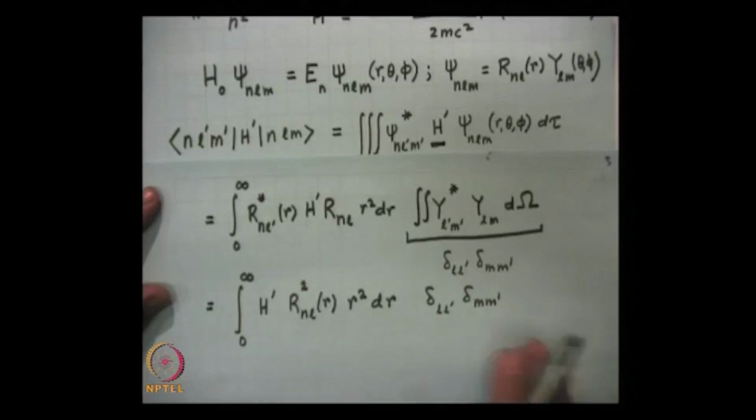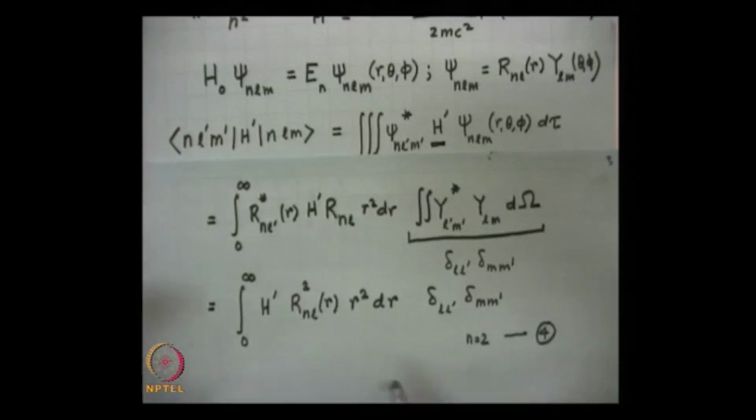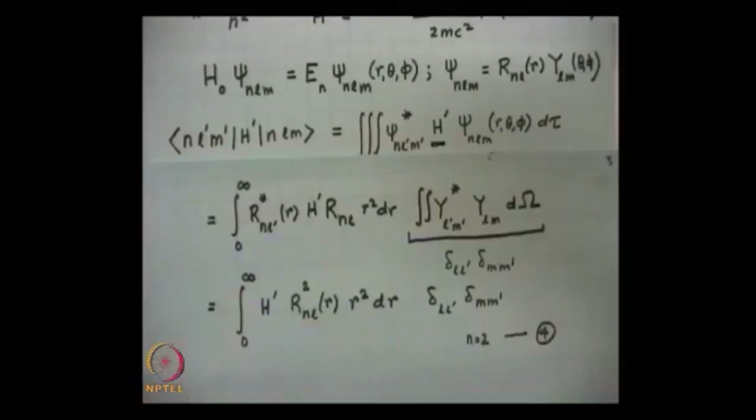Let us suppose we consider the n equal to 2 state, and as we had discussed in the Stark effect problem, this is 4-fold degenerate. Among the degenerate states, our wave functions are such that any element like h prime 1 2, h prime 2 1, h prime 3 1 and so on will be 0.